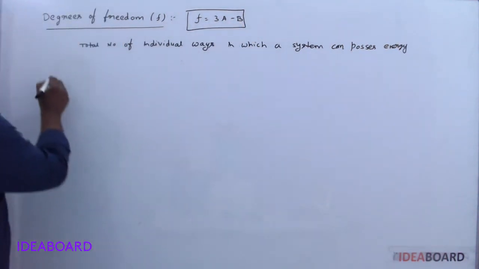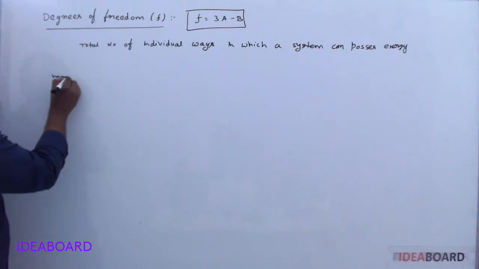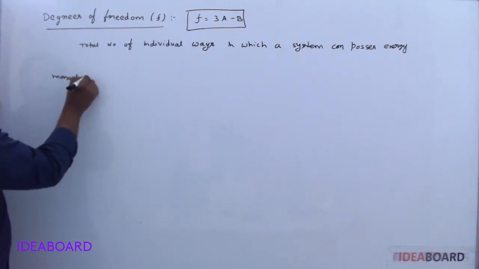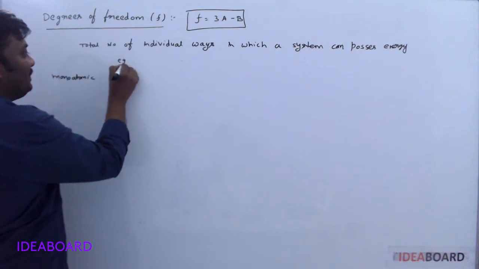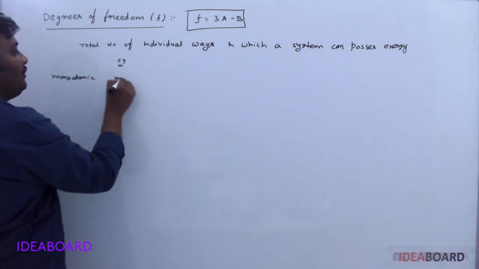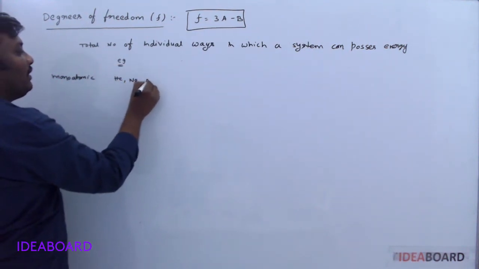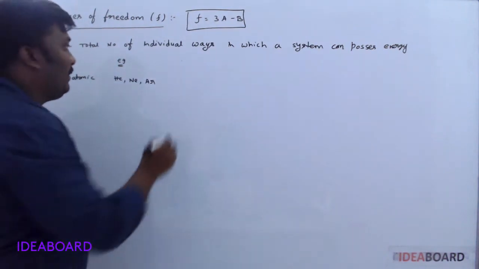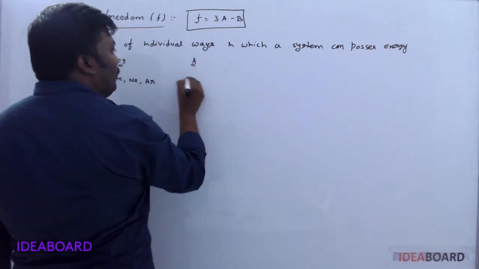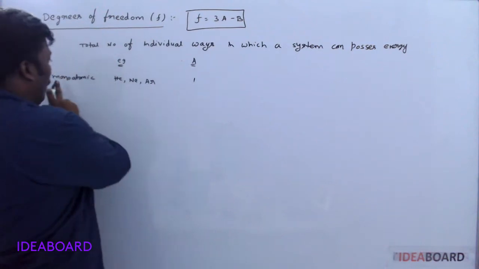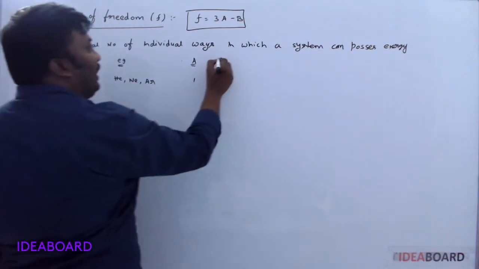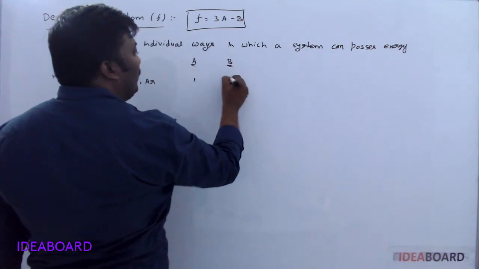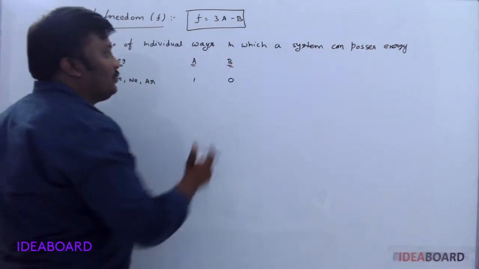Let us see monoatomic. If you take monoatomic gas molecules, examples are helium, neon or argon. The number of atoms is only one, because mono means single, and there is no bonding, so B is 0.